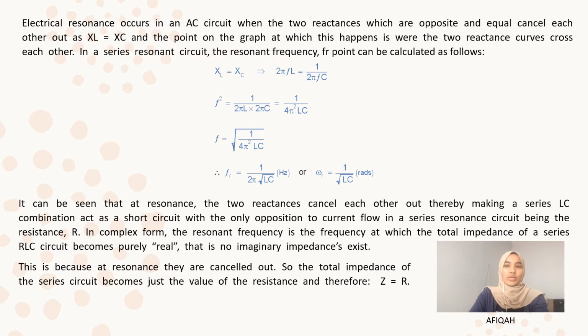XL is equal to XC, which is 2 pi FL equal to 1 over 2 pi FC, and follow the formula below.